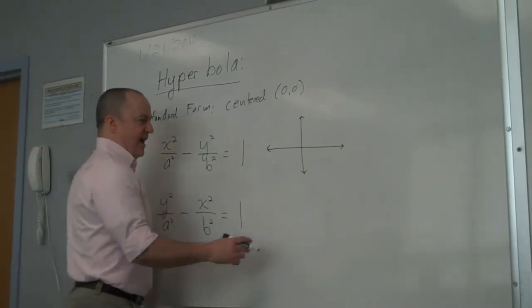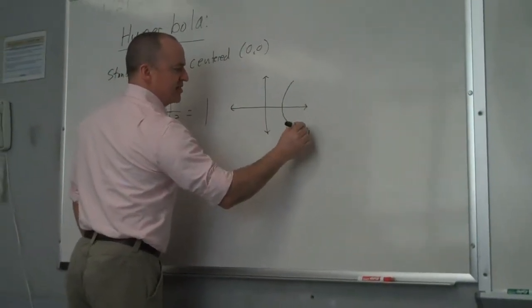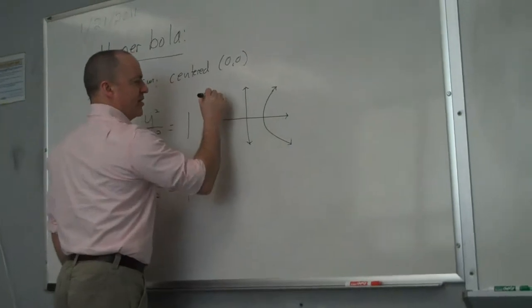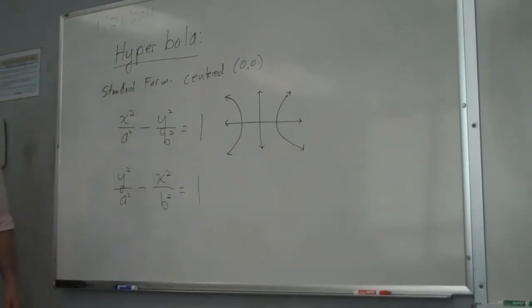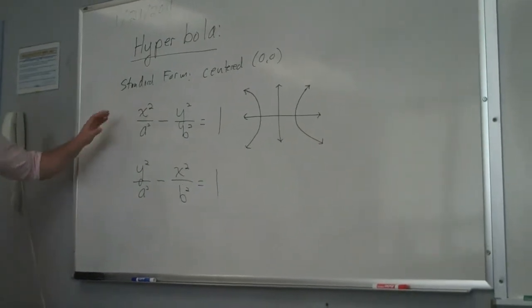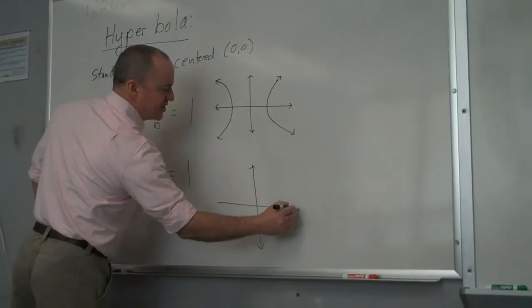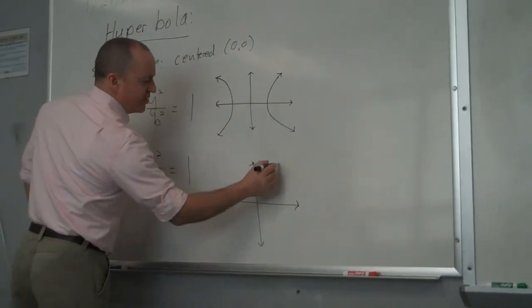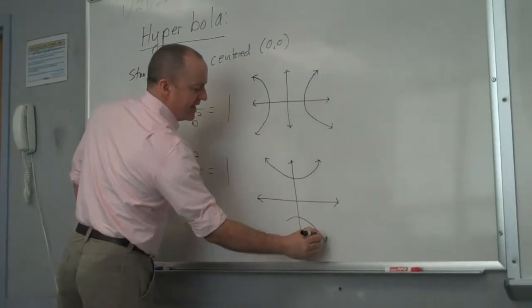Yes, it's actually nice and consistent with what we said about trig: x still means horizontal. So the wings are going to go left and right in this case. If the y squared comes first, the wings are going to go up and down.